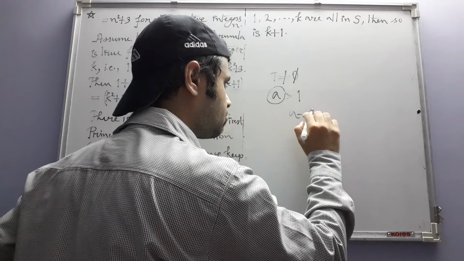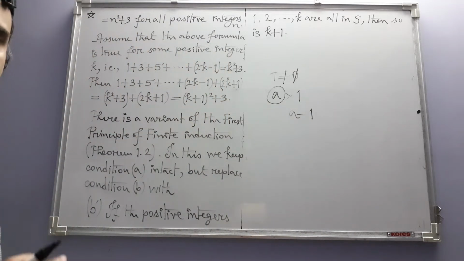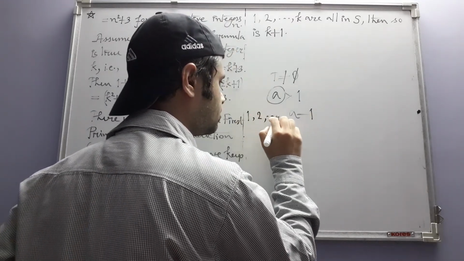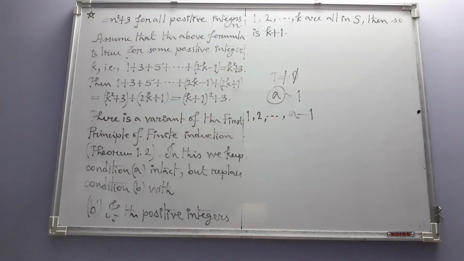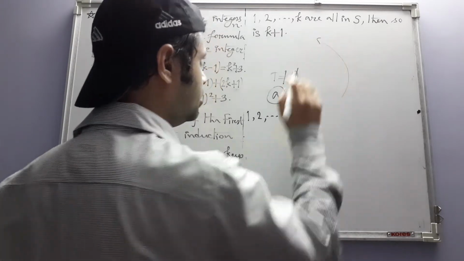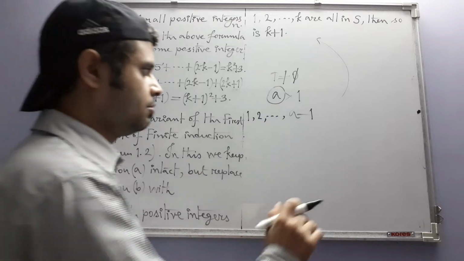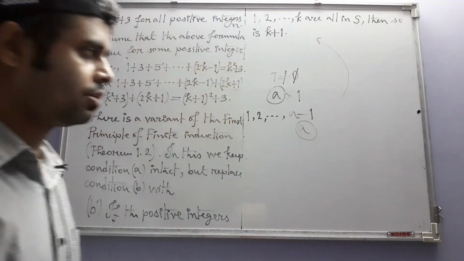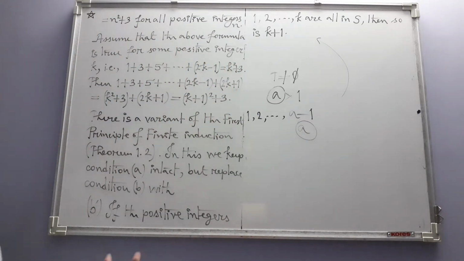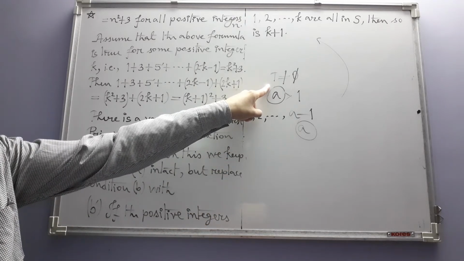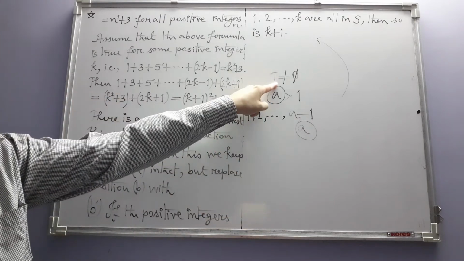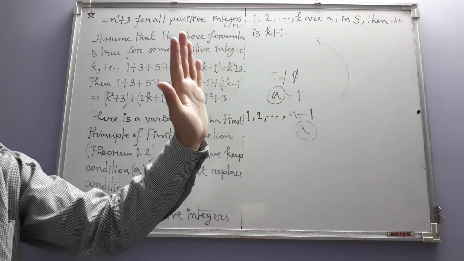So A minus 1 is a positive integer that cannot be in T. And in fact, none of these positive integers are in T. So all of them must belong to S. And then by this new condition B prime, we claim that hence A minus 1 plus 1, which is A, must also be in S, which is a contradiction because A is the smallest element of T, and T and S are disjoint, they cannot have any element in common. So this supposition is wrong, and hence S is the set of all positive integers.